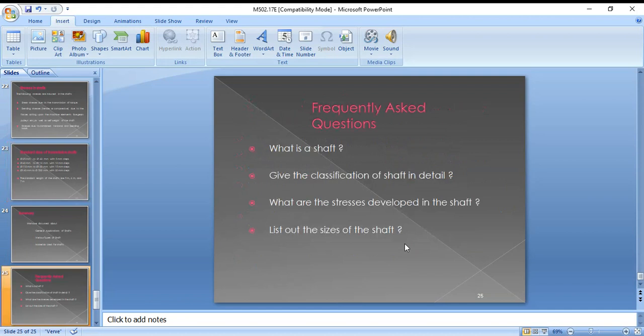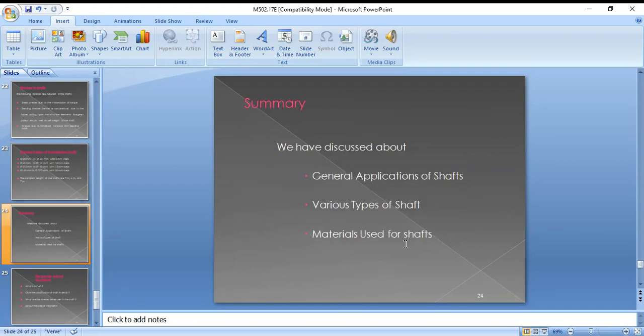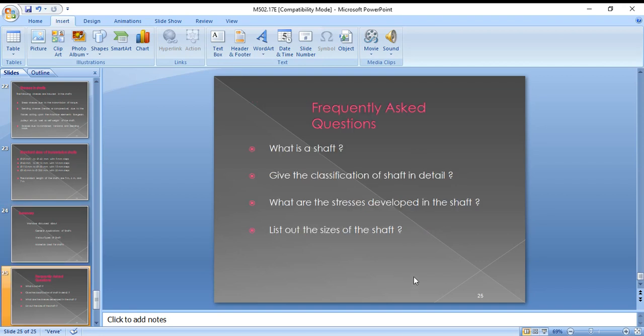So in this lecture we discussed the general applications, various types, materials used and different stresses developed. The frequently asked questions are: what is a shaft, classification of shafts, stresses developed in the shaft, and list out the sizes of the shaft. So this is all about the introduction part of the shaft.